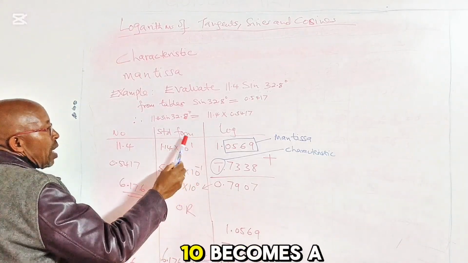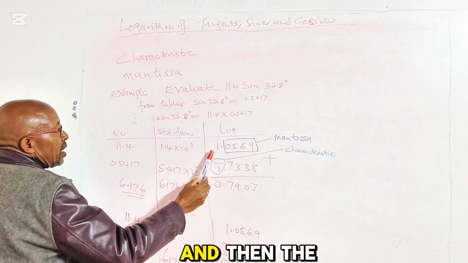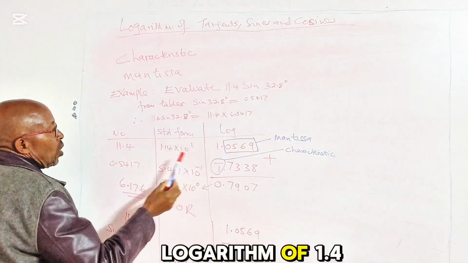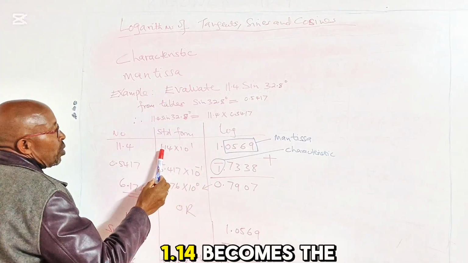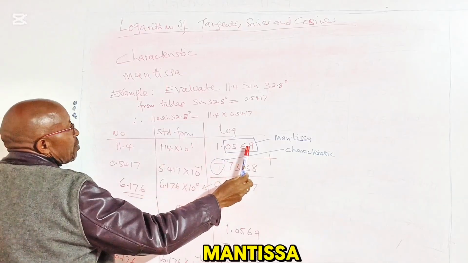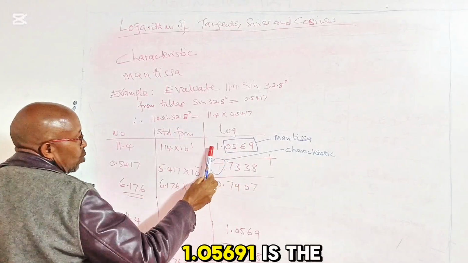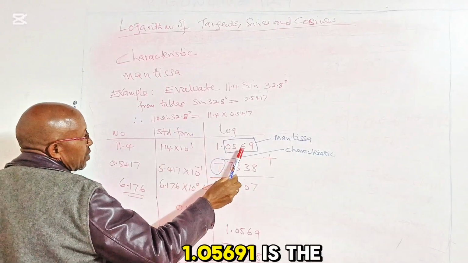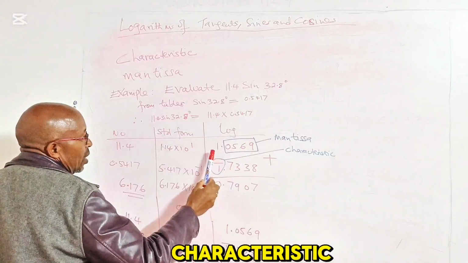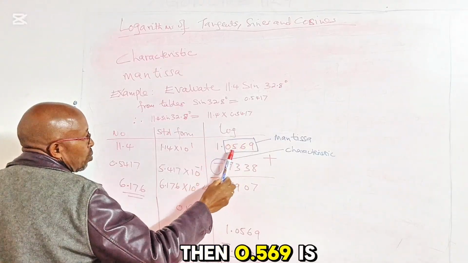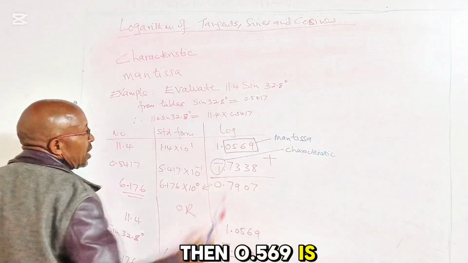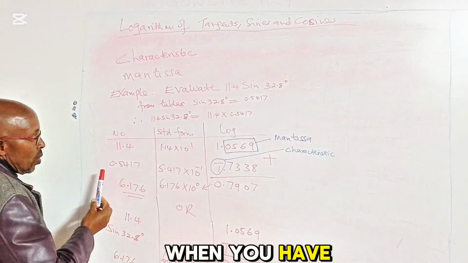The power of 10 becomes the characteristic, and then the logarithm of 1.14 becomes the mantissa. So that is 1.0569. 1 is the characteristic, then 0.0569 is the mantissa.